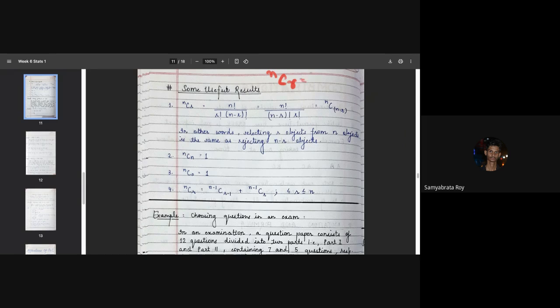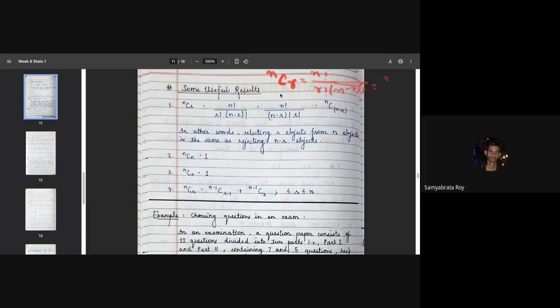I can write it as n factorial by r factorial by n minus r factorial. What is the condition here to satisfy? We need to satisfy that this r should be cancelling this minus r, and the total should be equal to n.